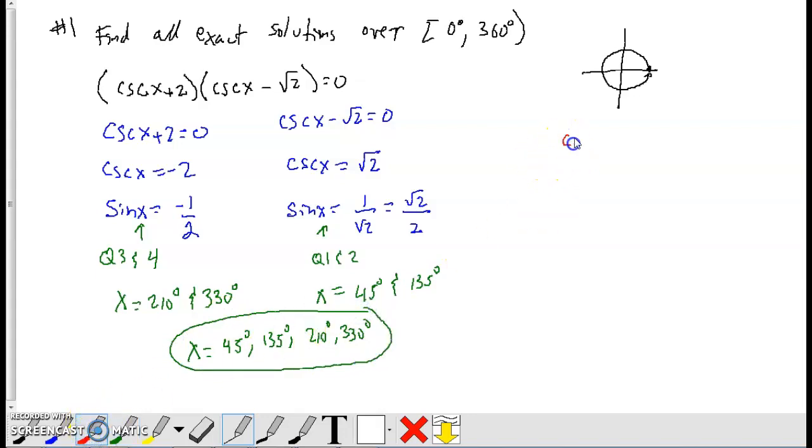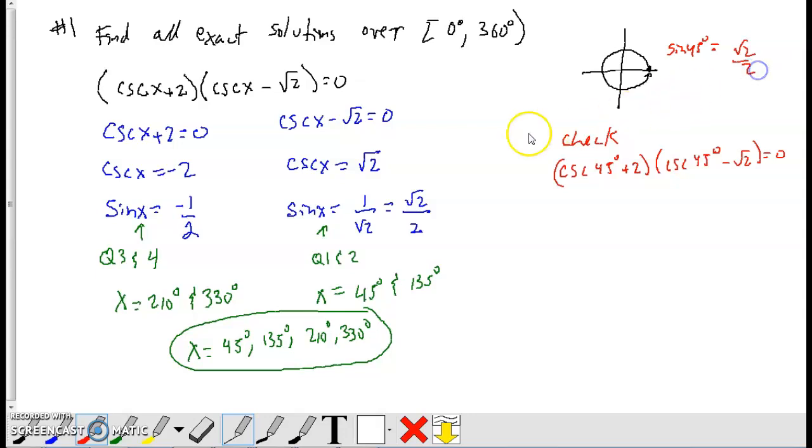We do a quick little check. So let's check. The cosecant of, let's say, 45 degrees plus 2, and then the cosecant of 45 degrees minus root 2 is equal to 0. We have to remember that if the sine of 45 degrees was root 2 over 2, which is what we had over here, that means the cosecant of 45 degrees would be root 2.